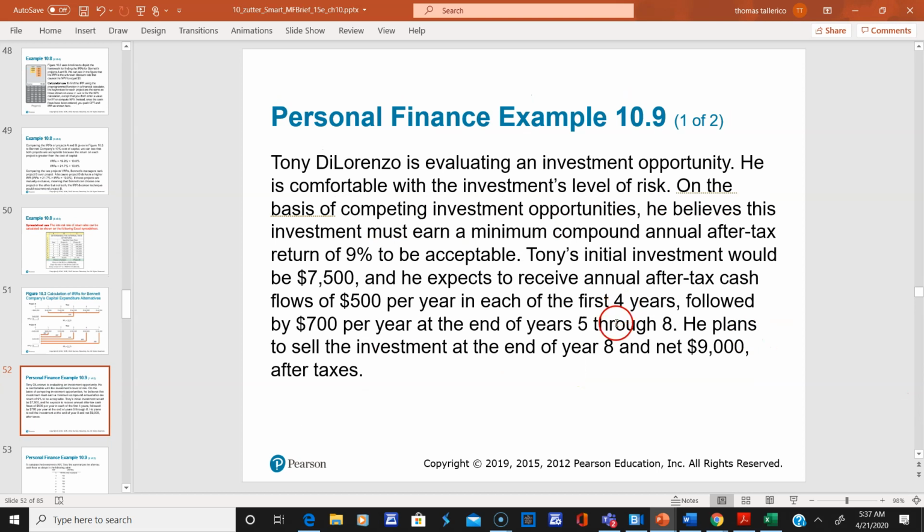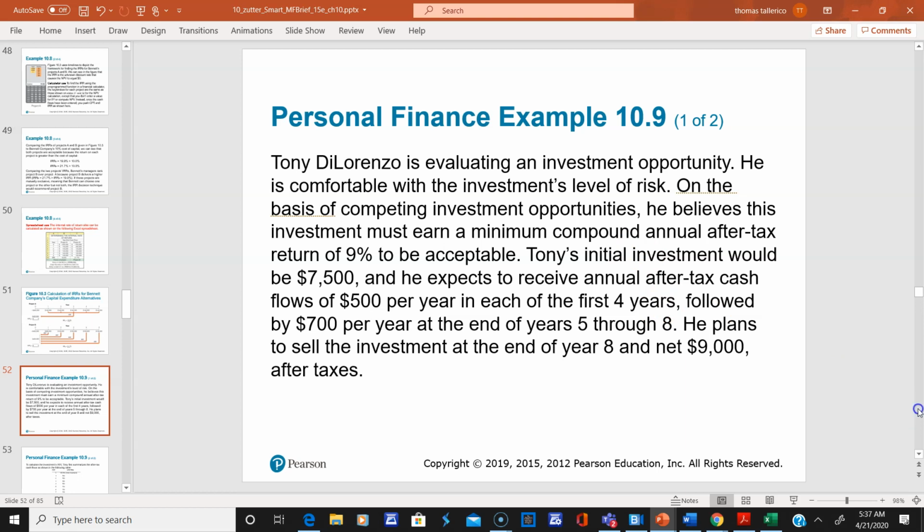So here's an example of Tony DiLorenzo. He's got a couple of business opportunities, and his cost of capital is 9%. His initial investment would be $7,500, so that would be negative, and then he'd have a bunch of cash flows.